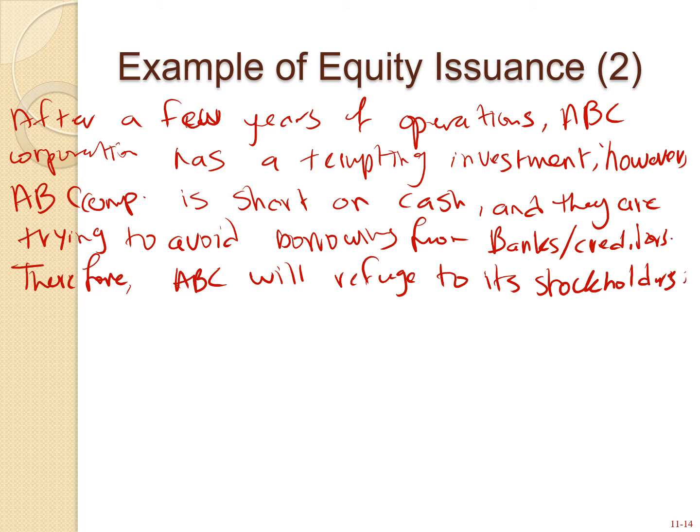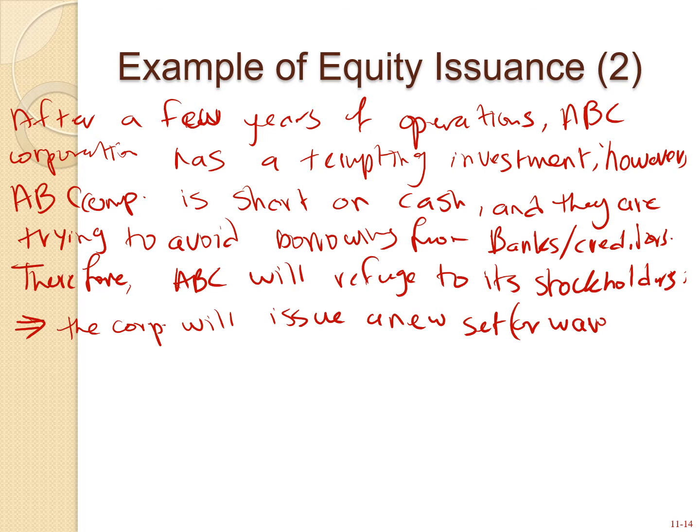So what happens in this case is that the company or the corporation will issue a new set, or maybe I can call it a wave, of stocks to the public.